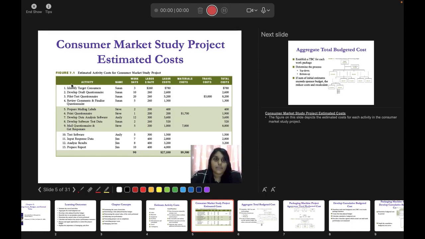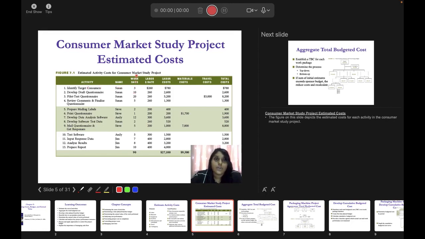So that means in your estimated cost you have all your activities and all the names here, right? And then you have the work days. When you saw your work breakdown structure and your network diagram, you saw the work days for each person to finish their activity.